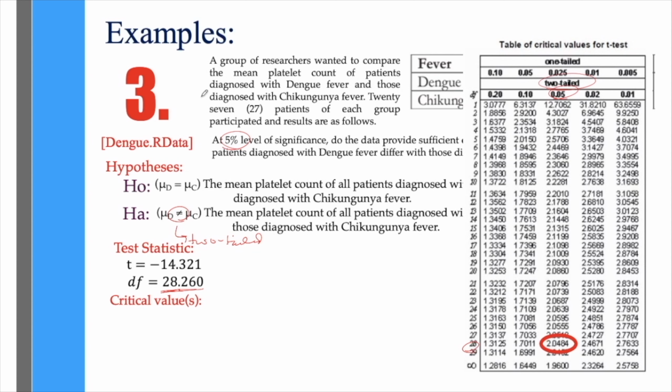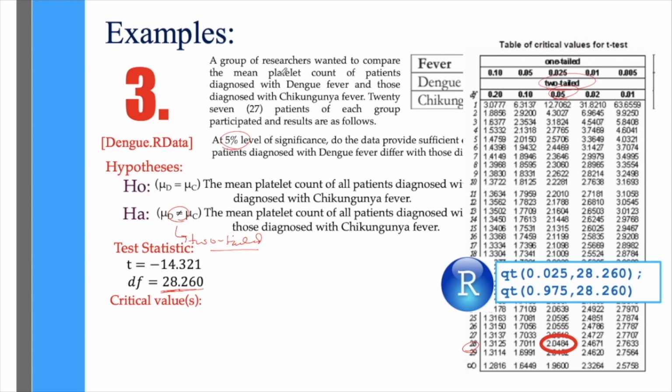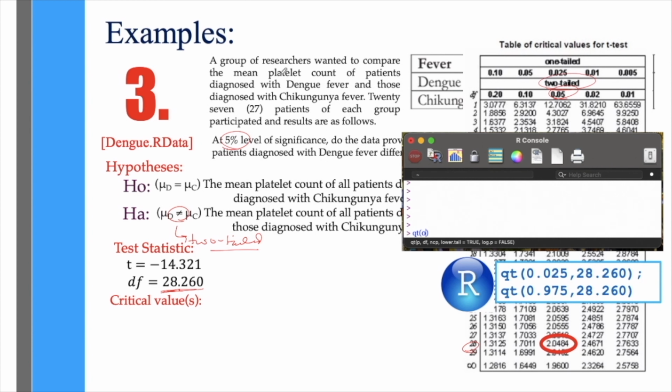And again, since this is a two-tailed test, we're going to make use of positive and negative 2.0484, which in R we may get using qt 0.025 and another one which is qt 0.975, and then the degrees of freedom 28.260, which we're going to get positive and negative 2.0476.